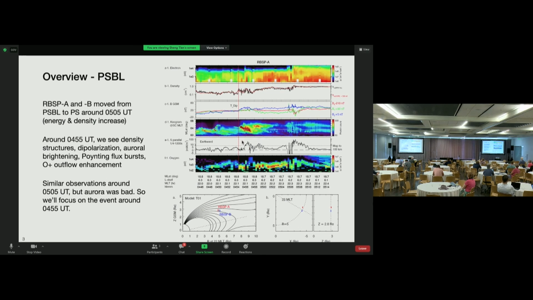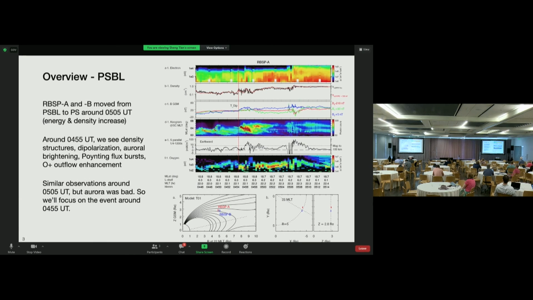And panel E shows the Poynting flux measured by the RBSP spacecraft. There are actually 2 Poynting flux bursts. One is around this time and another later at around 5 o'clock. But you can see that the aurora dims around that time because the instrument field of view moves out of the auroral region. So we'll only focus on the first event.